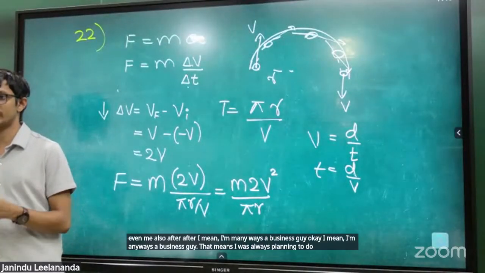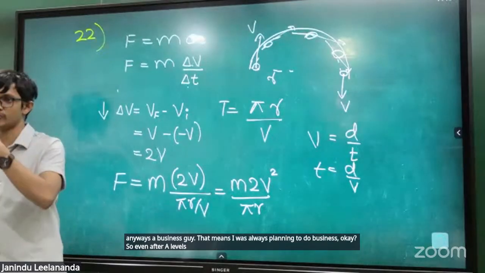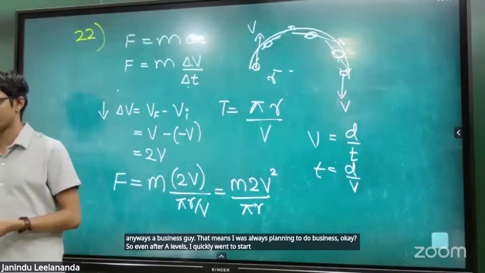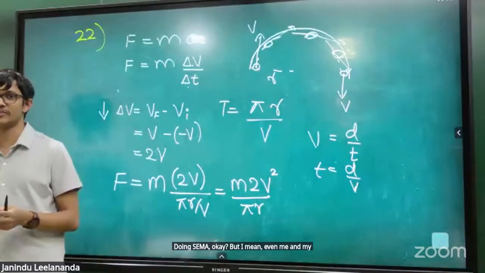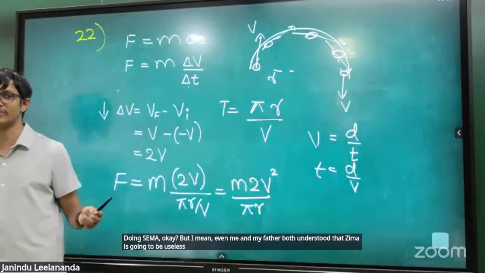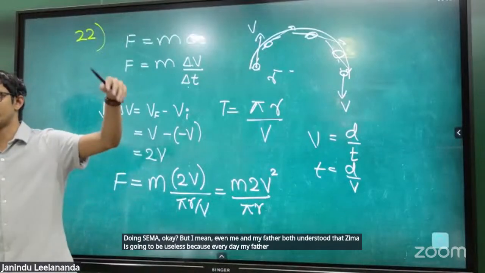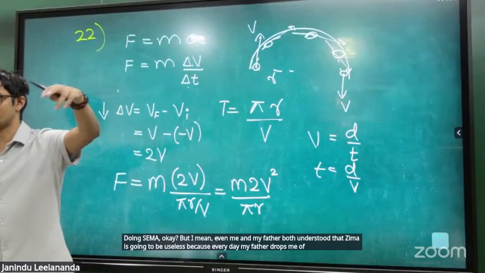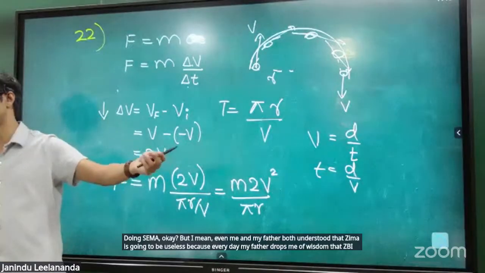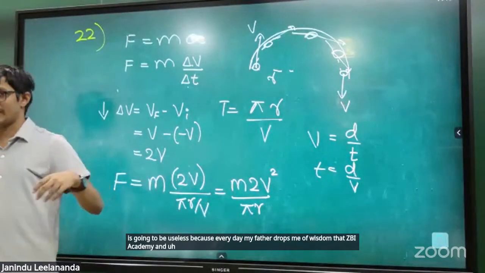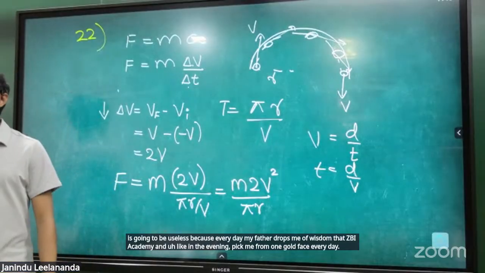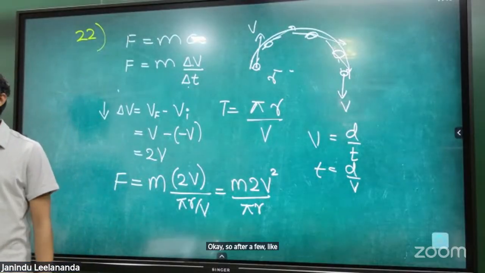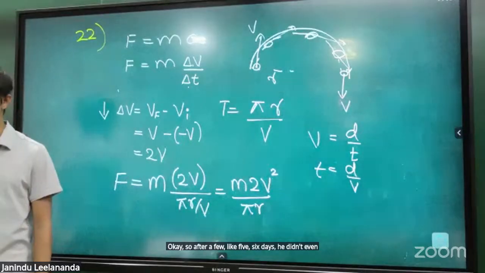So even after A levels, I quickly went to start doing SIMA. But even me and my father both understood that SIMA is going to be useless, because every day my father drops me off at Wisdom, that SIMA Academy, and in the evening picks me up from One Galle Face. After 5-6 days, he didn't even call to check where I am.